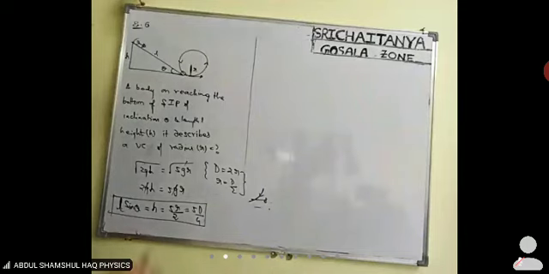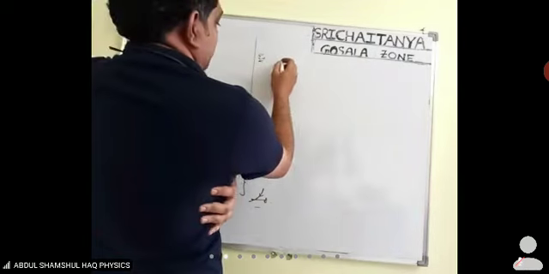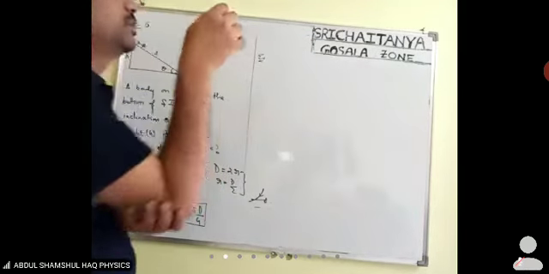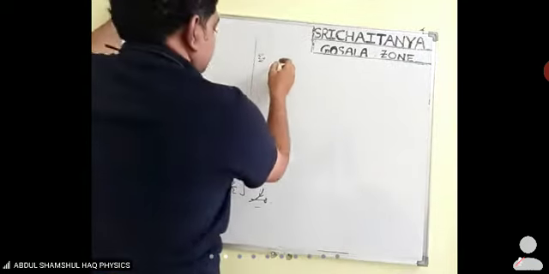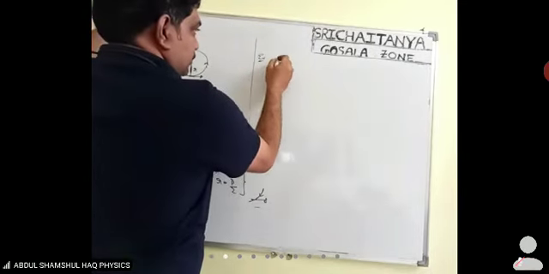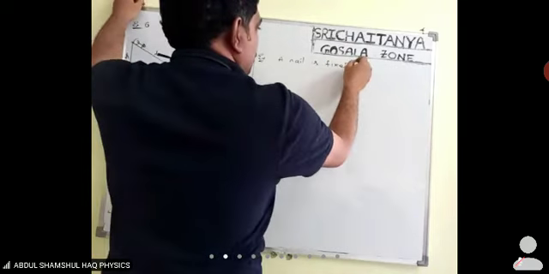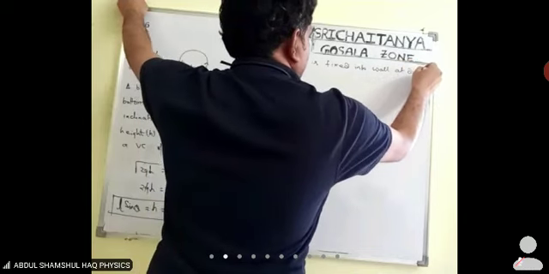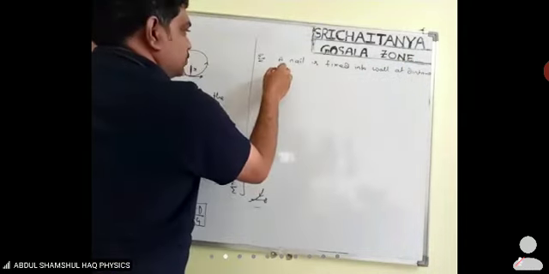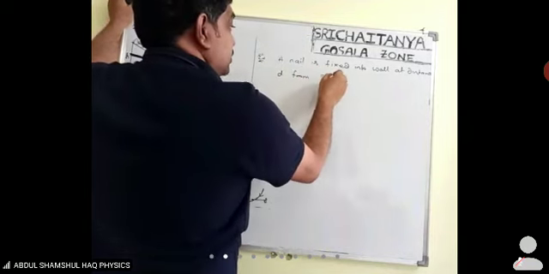Now, let us see another important point, students. A nail is fixed into the wall at a distance small d from the suspension.